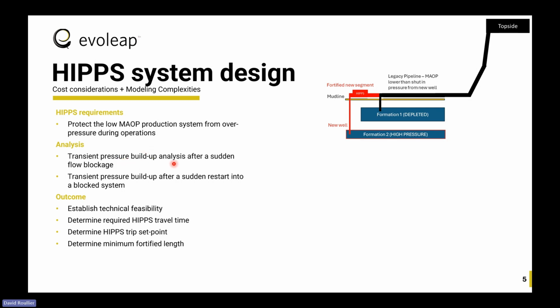And there are two scenarios, and in the interest of time, we're going to cover one of them. So the two scenarios that typically size a HIPPS under the conditions I just described, which is an upstream HIPPS, is that you have a transient pressure buildup after you suddenly block the flow.